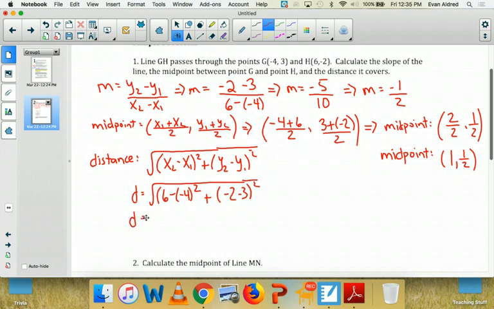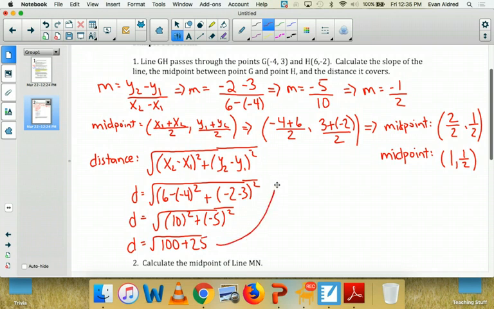So as we work through this, 6 minus negative 4, well that's going to be 10. And negative 2 minus 3 is negative 5. When we square this, we get 10 squared is 100. Negative 5 squared is 25. So this gives us a distance of the square root of 125, which is an entire radical.